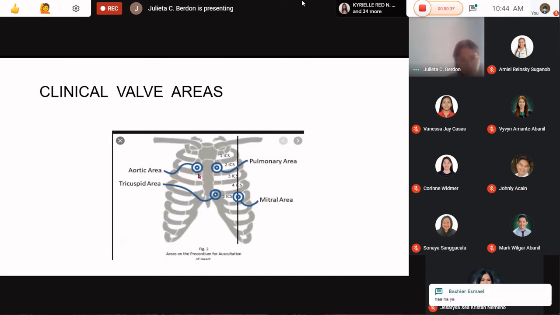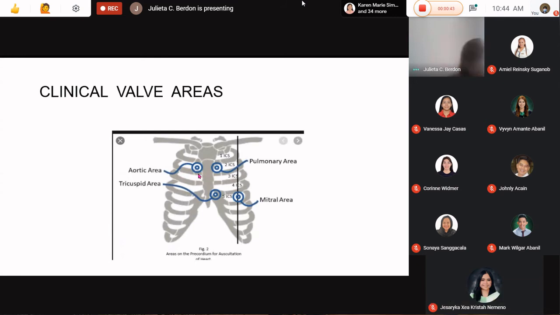Okay. So, heart sounds. Di ba, nag-laboratory naman mo aning heart sounds, right? And, tungod sa inyong lab, so you now know how to use the stethoscope. So, the position of the earpieces should be towards the front. All right.